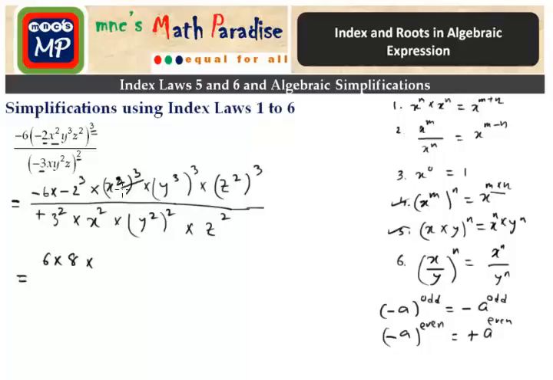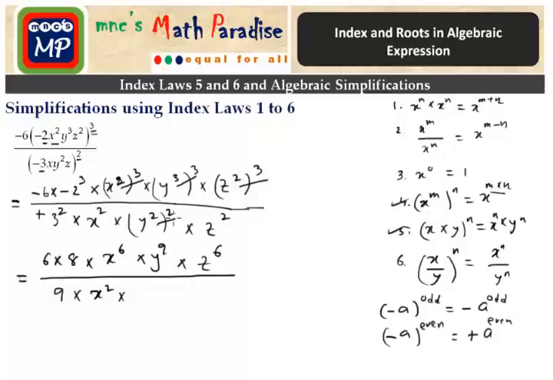So x to the power 2 to the power 3 will become 2 times 3, which gives us 6, times y to the power 3 times 3, which gives us 9, z to the power, using formula 4, this power on power will multiply, so 2 times 3 gives us 6, divided by 3 square is 9, x square is there, y power on power, so these two powers will multiply, so y to the power 4, 2 times 2 is 4, and z square.